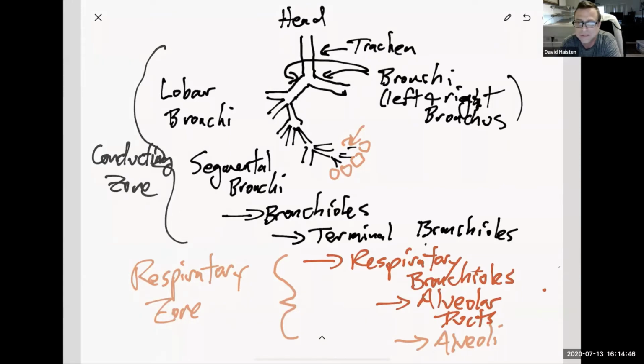It's just conducting zone. And then we have respiratory zone. It's pretty easy to see where the respiratory zone starts because respiratory bronchioles, they're named that. So that must be where the respiratory zone starts. Okay, so what does conducting zone versus respiratory zone mean? So what's happening in the conducting zone?